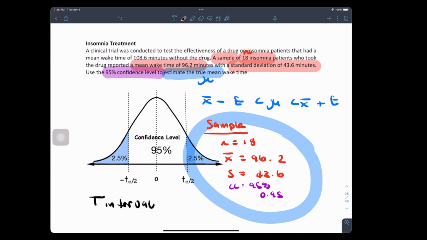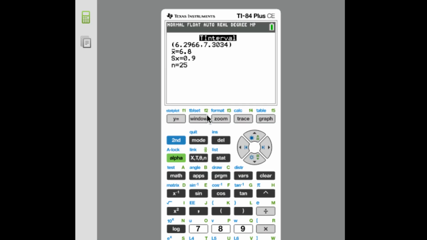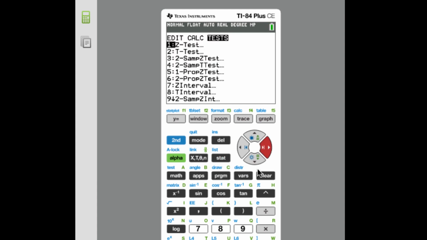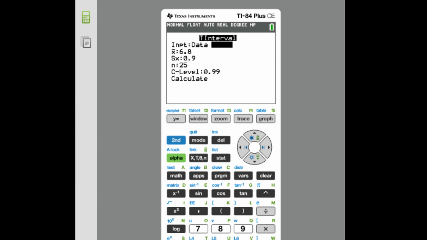This is real, good information. So go to the calculator, go to stat, tests. Today we look for T interval. What was it yesterday? Good.